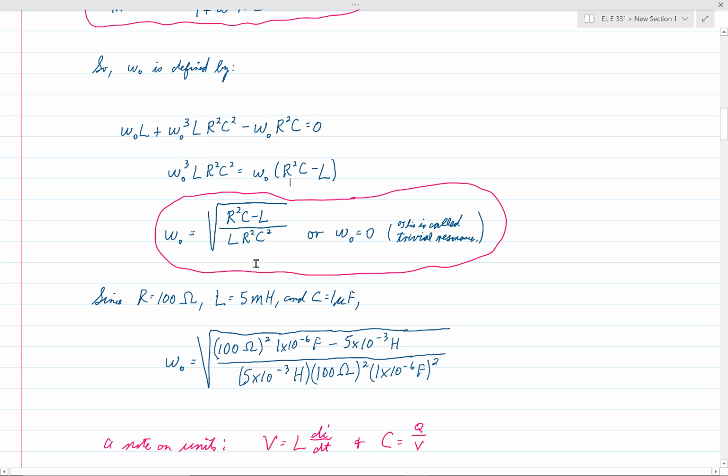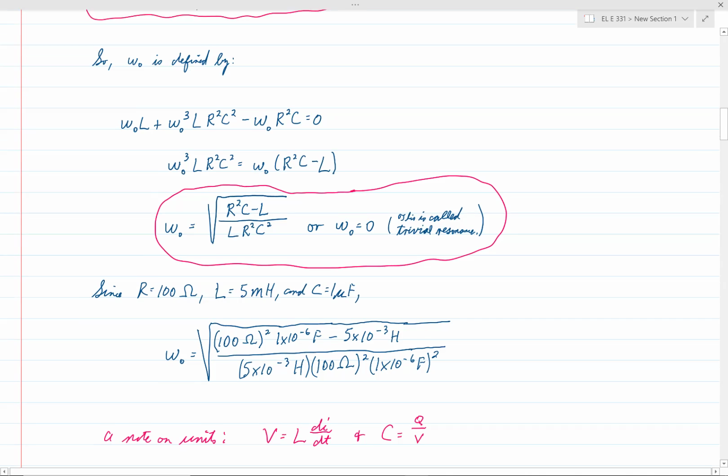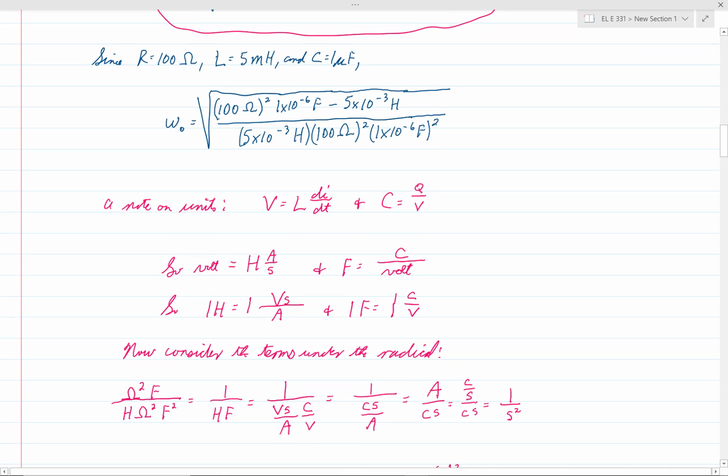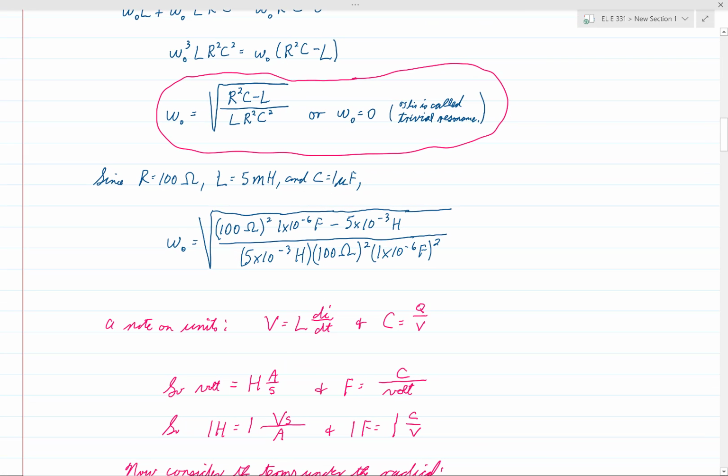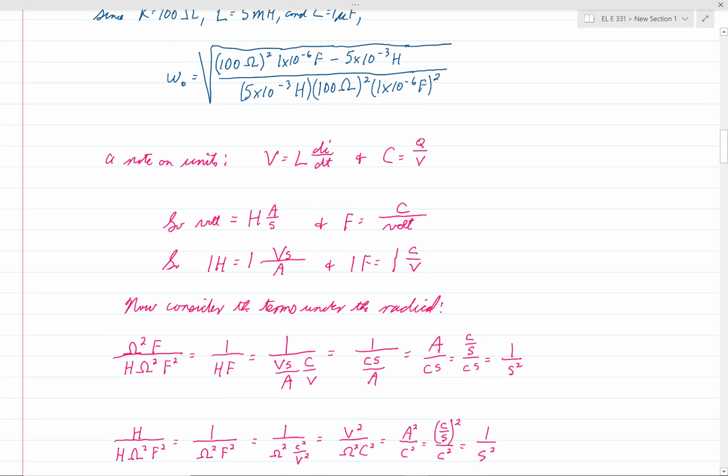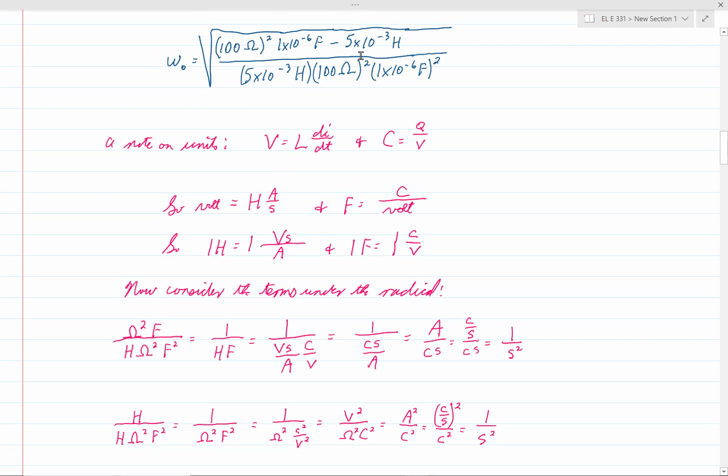And as I said, in this case, we'll use the given values of R, L, and C to see what this is equal to. And this is an opportunity for us to do something a little interesting that you might not have had an opportunity to do very often before. When you plug in R, L, and C into this equation, you will get this expression right here.